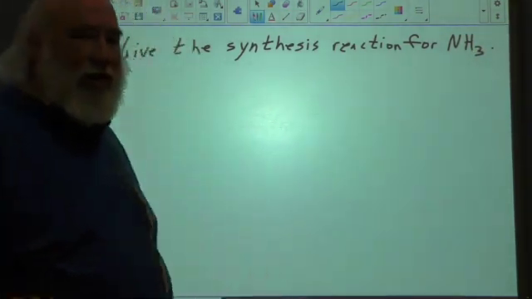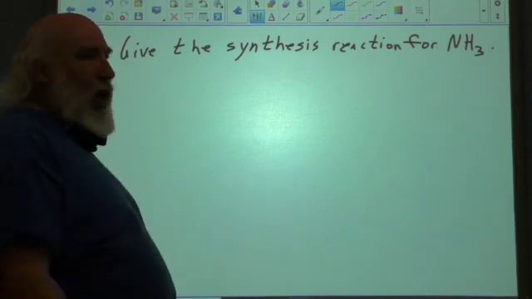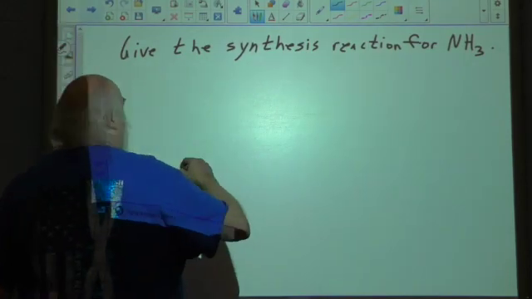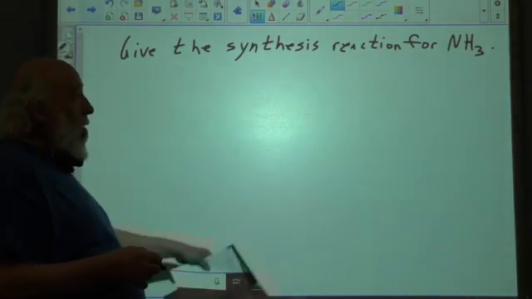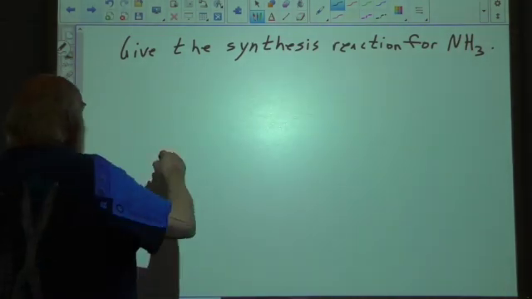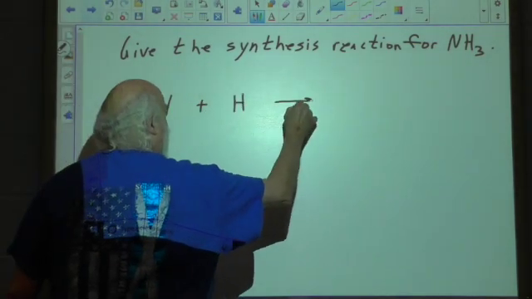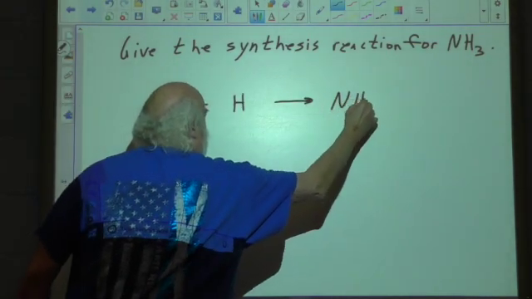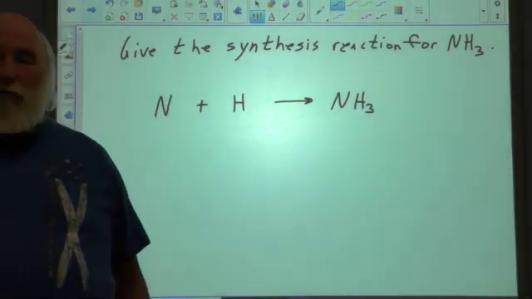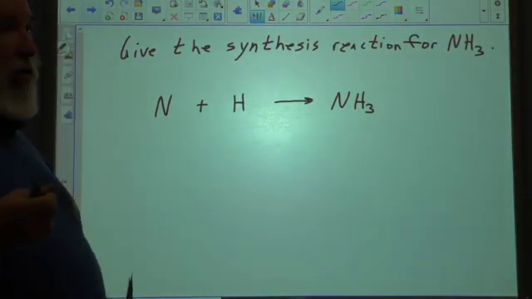Okay? Synthesis. We're going to create stuff. We're going to synthesize. We're going to take the elements and add them together and get the compound. So, what elements are we going to add together? Well, we look at the compound. It's got 2 elements, nitrogen and hydrogen. Those are the 2 that are going to react. So this is what we call our skeleton equation. It's a foundation that we're going to build on, and we're going to put the 3 steps involved in there.